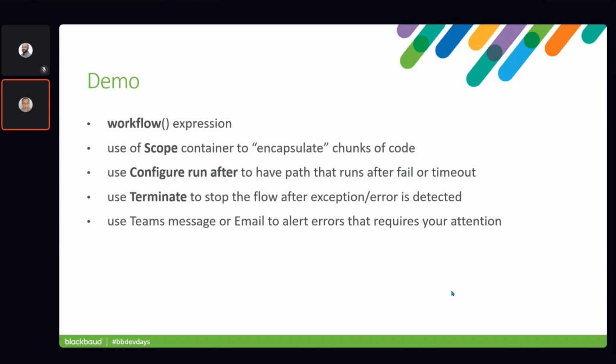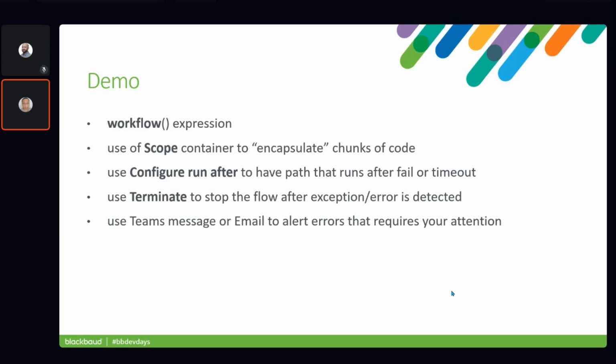We'll also look into configuring run after to have multiple paths when certain actions fail or time out. We'll also talk about using terminate as an action to stop the flow after a certain exception or error is detected.